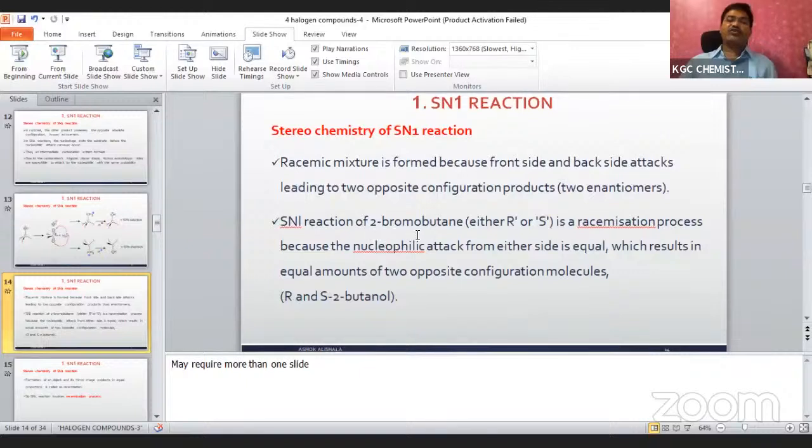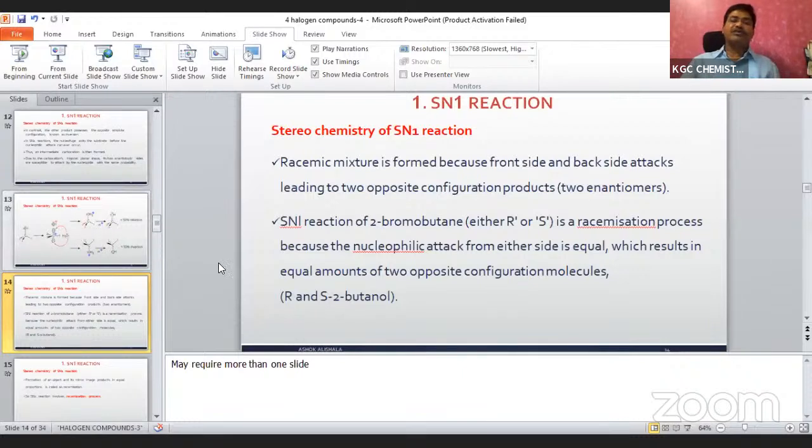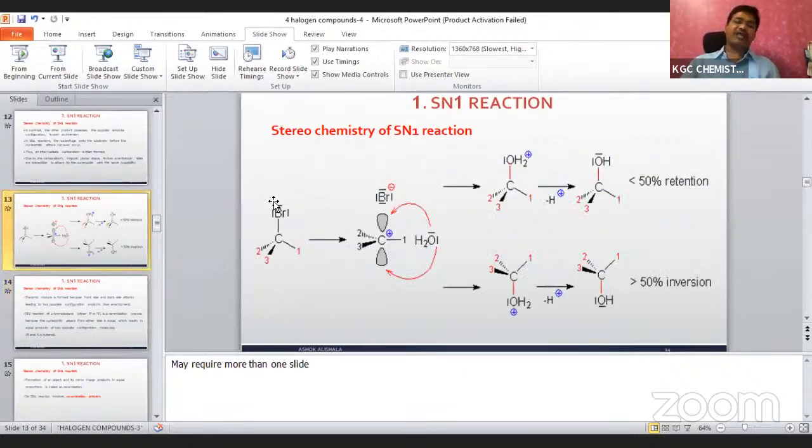The SN1 reaction of 2-bromobutane, either R or S, is a racemization process because the nucleophilic attack from either side is equal, which results in equal amounts of two opposite configuration molecules, that is R and S 2-butanol. Irrespective of whether the starting compound is R or S, in the product both the R compound and the S compound are found.